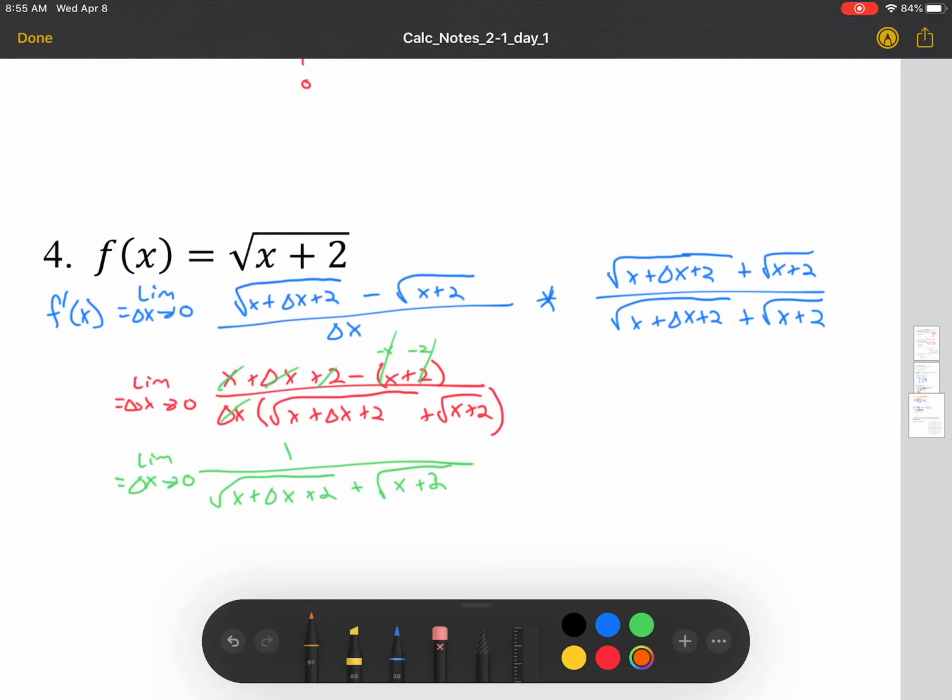And now we're just plugging in 0 for our delta x's, right? We're going to get a 0 there, which should tell us that we get 1 over 2 times the square root of x plus 2. All right.